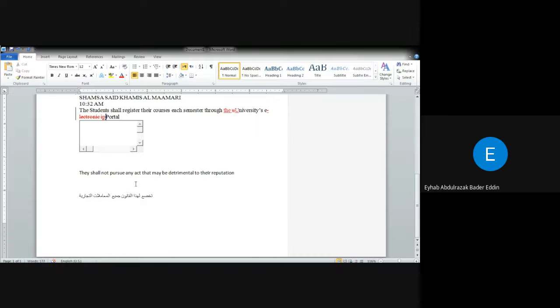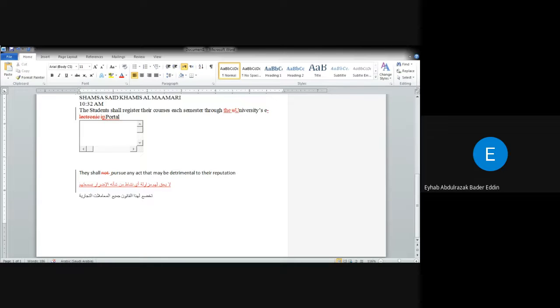They shall not pursue any act that may be detrimental to their reputation. Again, here we have "not". Notice we have no explicit noun. We would say, in Arabic, that they are not entitled to engage in any activity or any work that would harm their reputation.